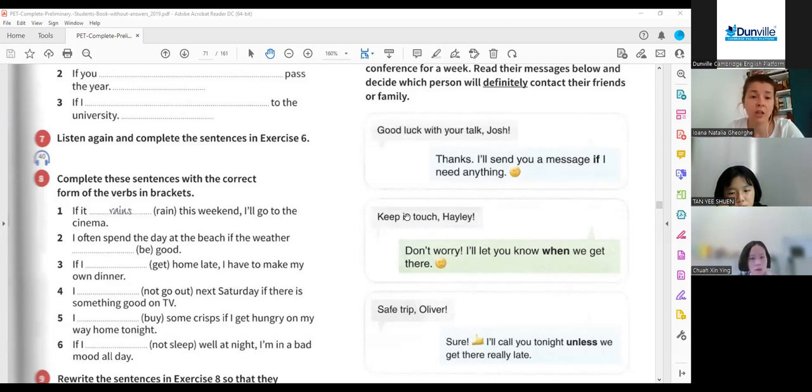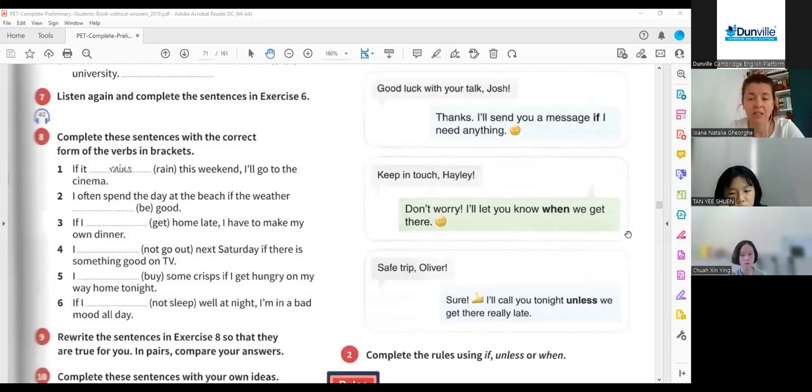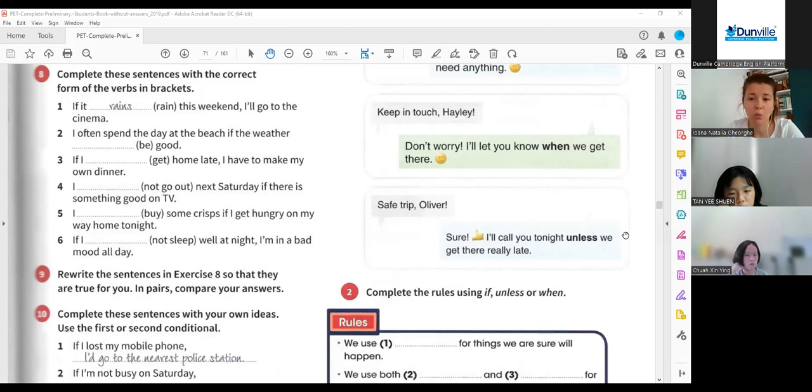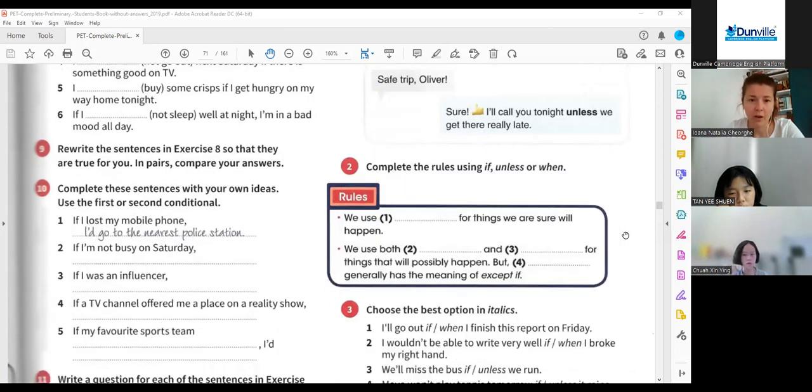So if we get there really late, I won't be calling you. If I get there early, I'll call you. If I don't get there early, I won't call you. So the only time where a thing is definite is when we use when. Now, have a look at the rule box and try to fill in with if, unless, or when.